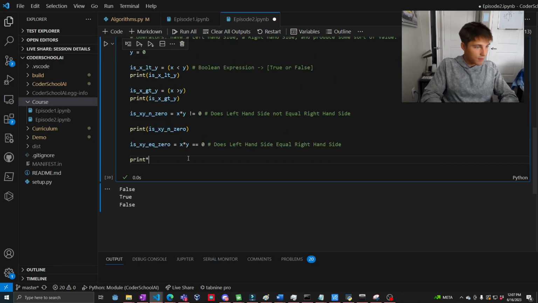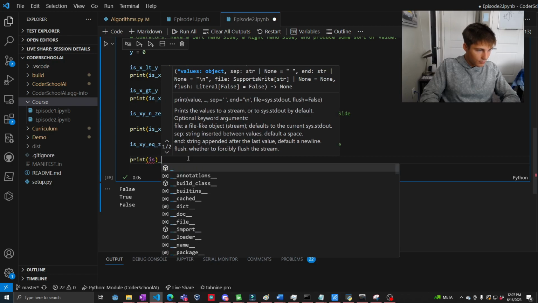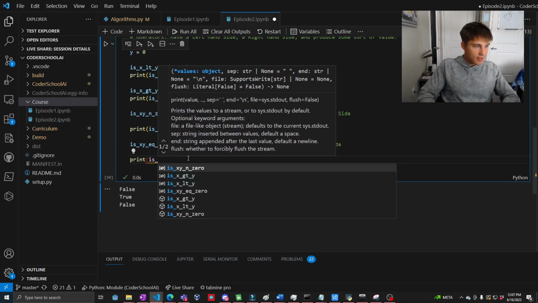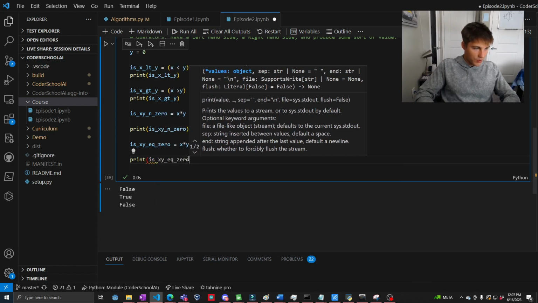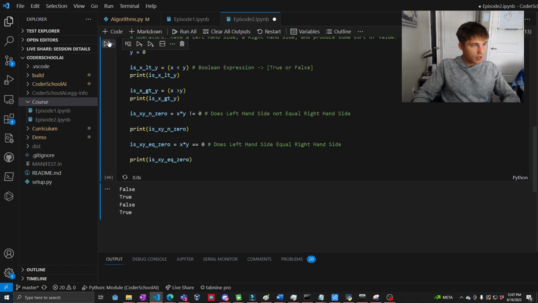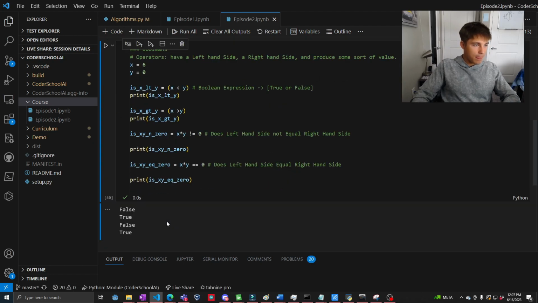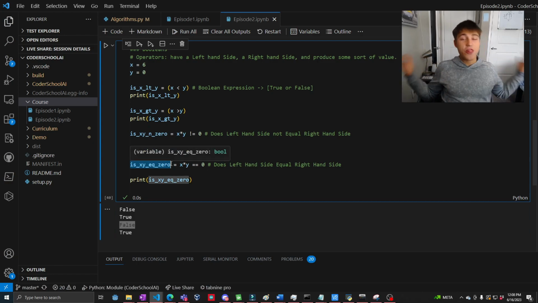So let's print is xy equal to 0, and let's run that. Well, you could see that if we have this one equal to false, then this one should obviously equal true. This is kind of important to see, and it might make sense immediately, right?